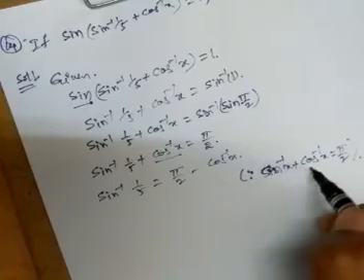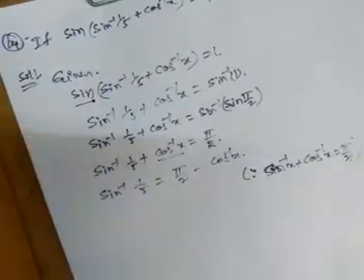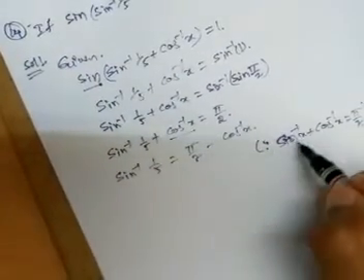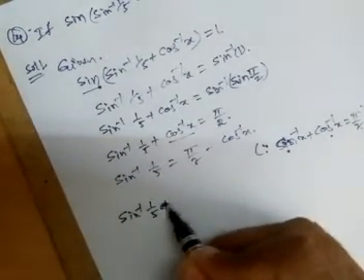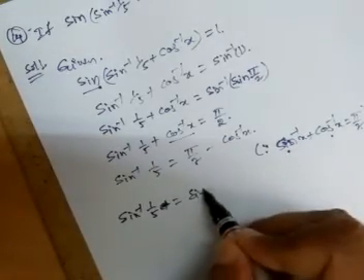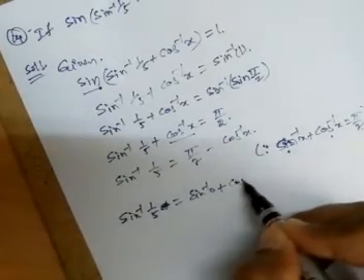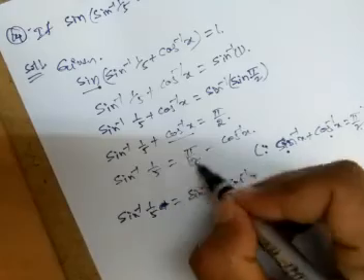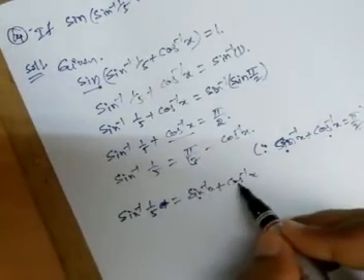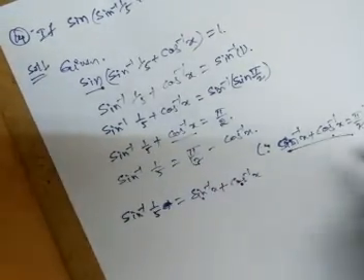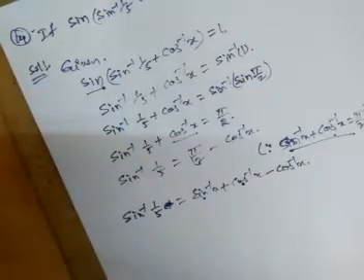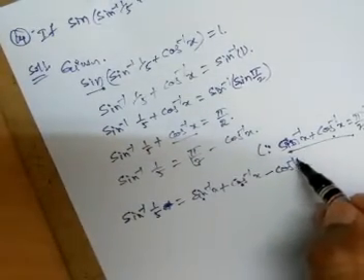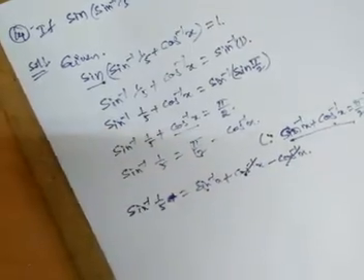So in place of pi by 2, you can write sine inverse of x plus cos inverse of x. Sine inverse of 1 by 5 equals sine inverse of x plus cos inverse of x minus cos inverse of x. Now negative cos inverse of x, positive cos inverse of x gets cancelled.